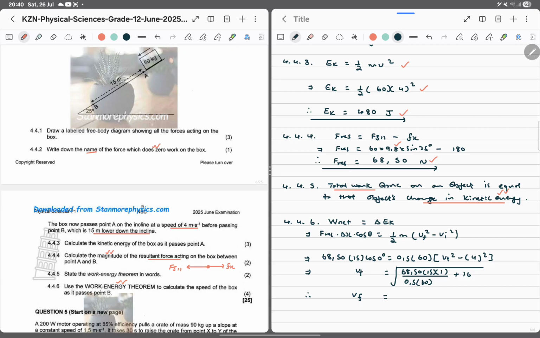So what we get here, to 2 decimal places, this is 7,09. 7,09 meters per second. Again, it just said the magnitude, the speed. So speed is a scalar, so we don't need any mention of the direction.